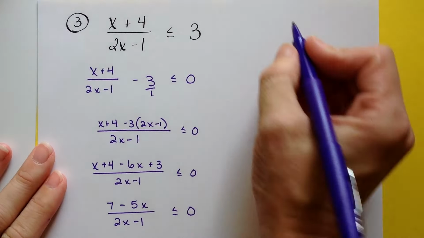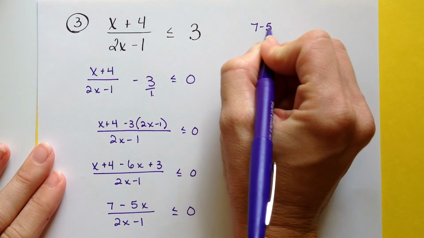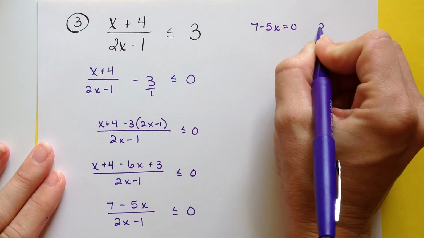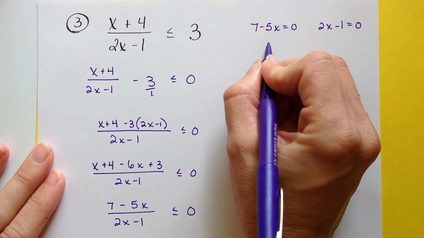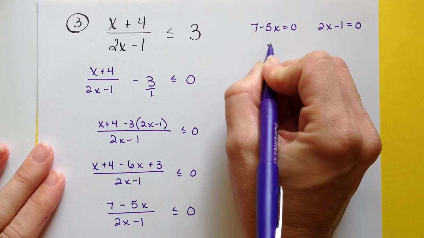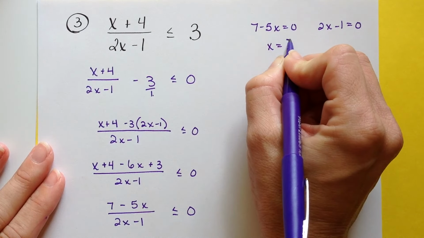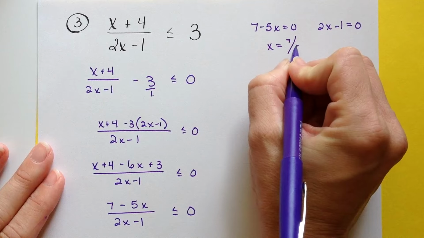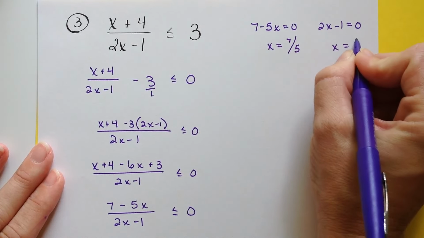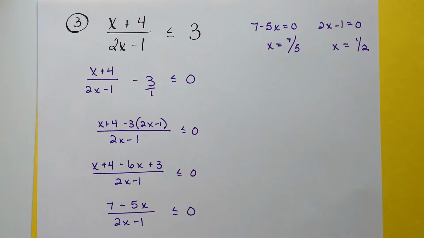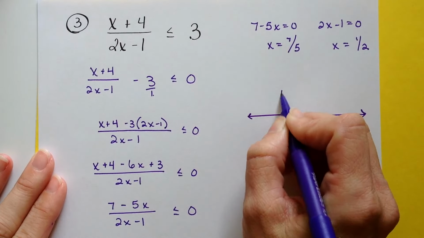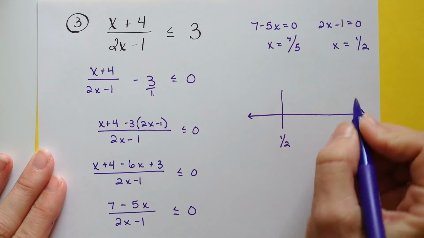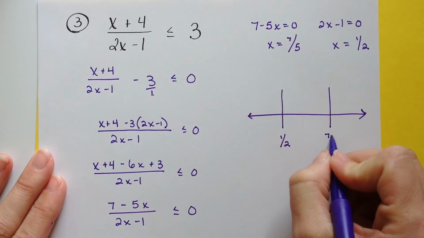All right, so set each one of these equal to 0. Okay, so here, then I will have 7/5 and a positive 1/2. On your number line, your smaller value will be the 1/2, and your larger value will be the 7/2.